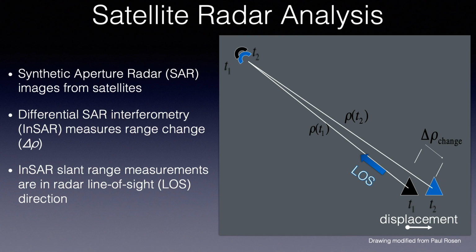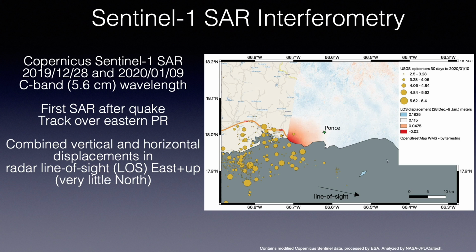As we can see in this diagram, if the object on the ground moves to a different position, there's a change in the range, shown as delta rho in this case, between the two dates, and what we measure is the line of sight component of that ground displacement.